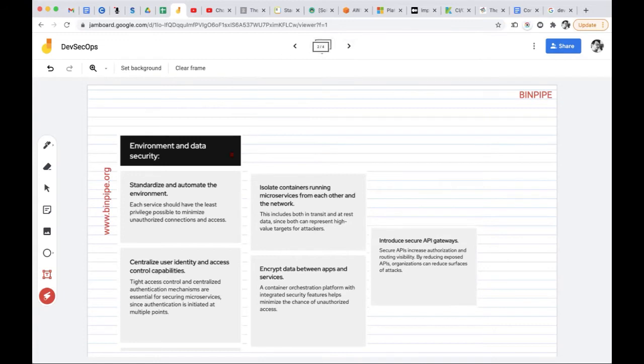Now, how that is achieved for environment and data security: standardize and automate the environment. That is very important. Each service should have at least least privilege possible, least exposure. Then centralize user identity and access control capabilities.